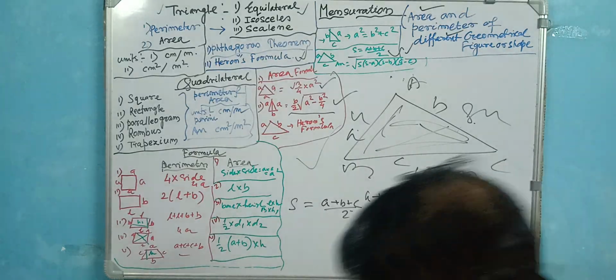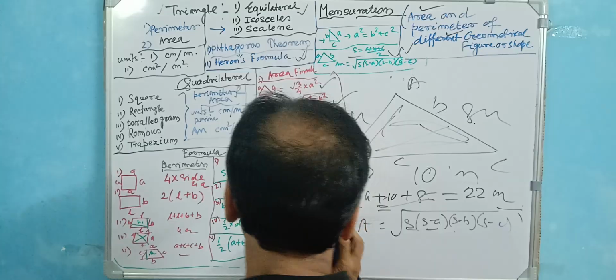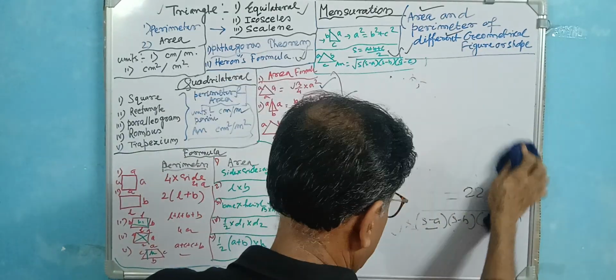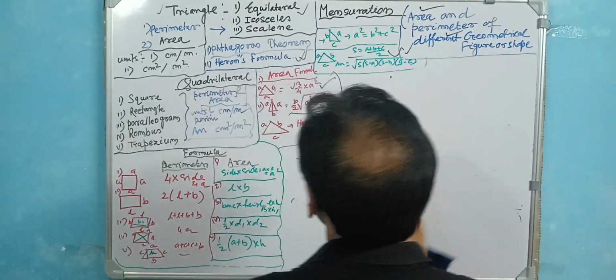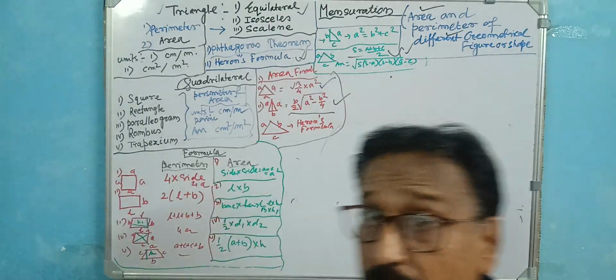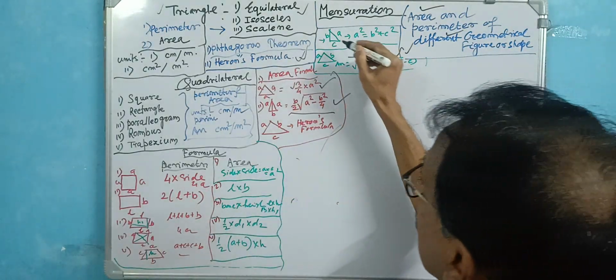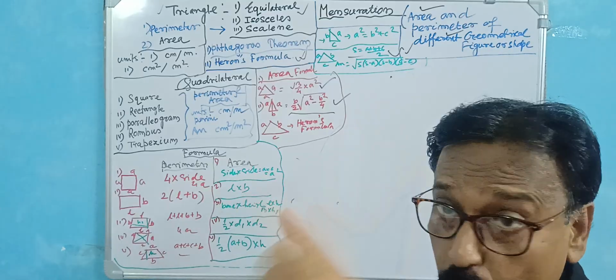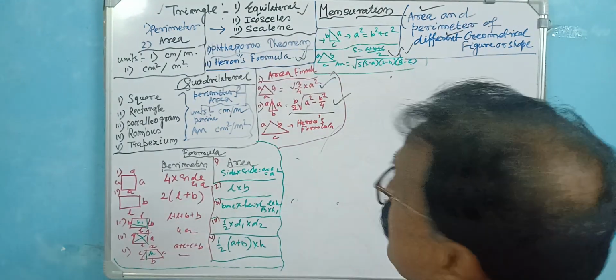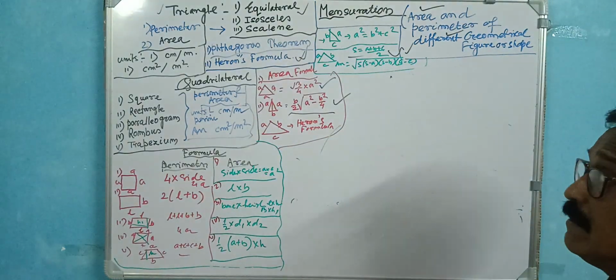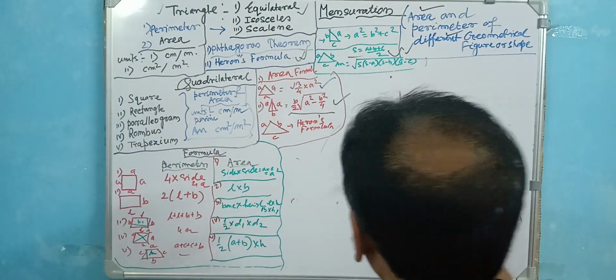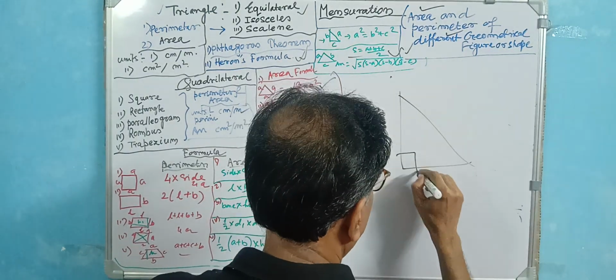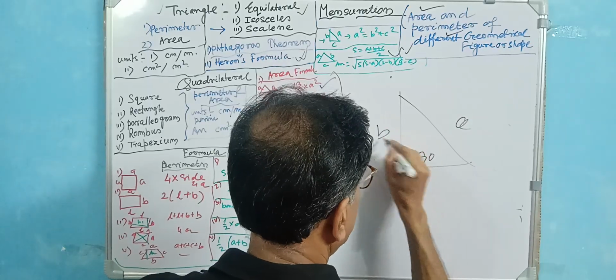And one important formula and theorem you should always remember for solving the sums is the Pythagoras theorem. Write that down here. Pythagoras theorem is very important for calculation. Pythagoras theorem says this is a right angle triangle. This is called the hypotenuse, opposite of the 90 degree. This is A, 90 degree. So this is A, this is BC.